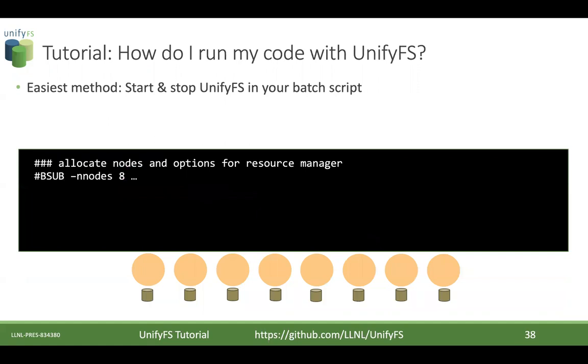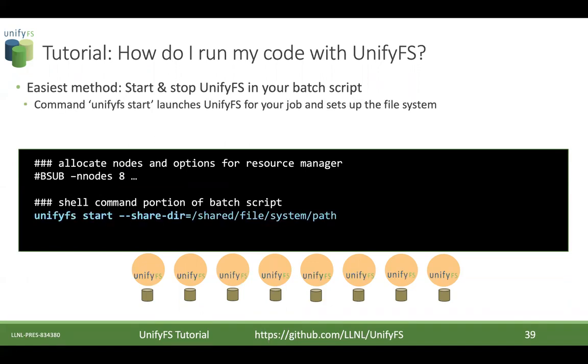All right, to get your job running, we have a simple example here of running on 8 nodes. You can see our 8 yellow circles at the bottom representing our nodes, with our cylinders representing the burst buffers, or the node local storage, for each of those nodes. When modifying your batch script, you'll need to start UnifyFS to get the servers going.